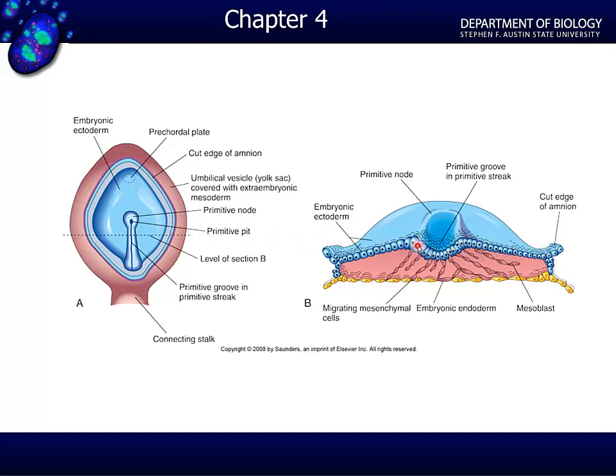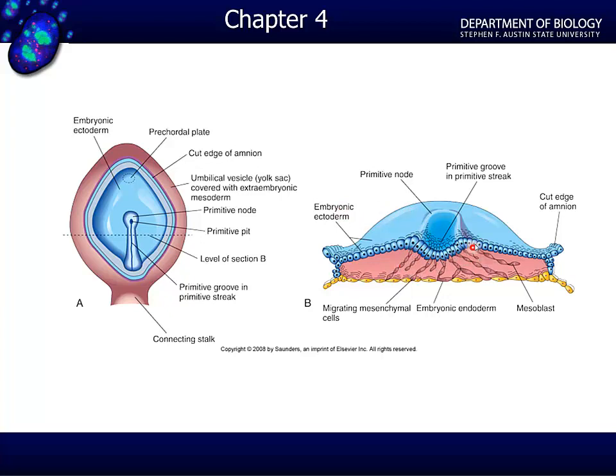Now these are the cells that remain on the surface that do not migrate down to become endoderm or mesoderm. The epiblast cells that remain are going to be called our embryonic ectoderm. I just don't like the fact that we have that term here already, but we're going to get to that signification in a minute. But you can see these migrating cells coming down.